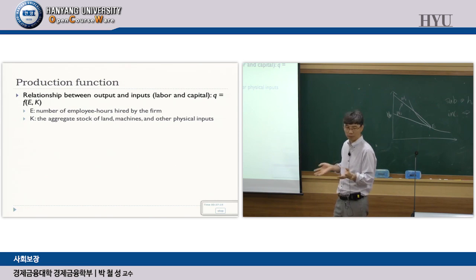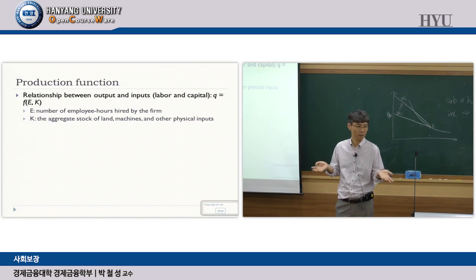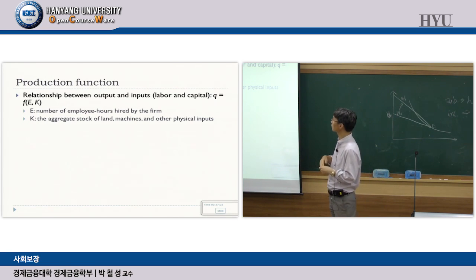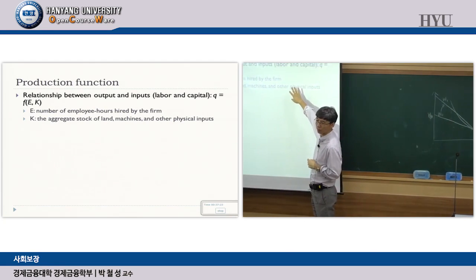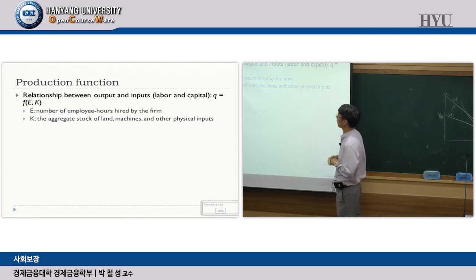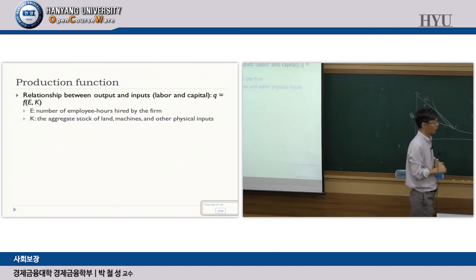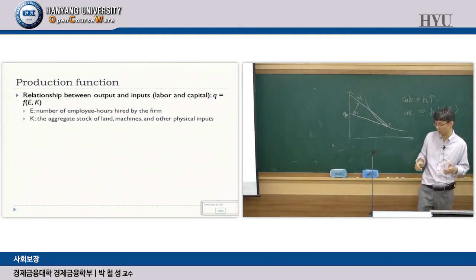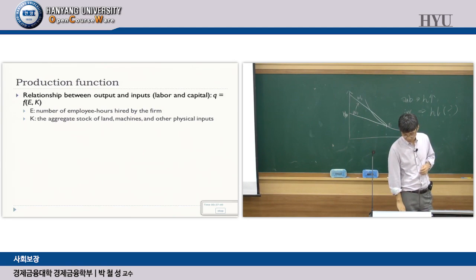It can be simplified as the number of employees. Sometimes I just treat E as the number of employees, but it doesn't matter most of the time. And K is the capital stock, the aggregate stock of land, machines, and other physical inputs. It's just a standard model of the production function.